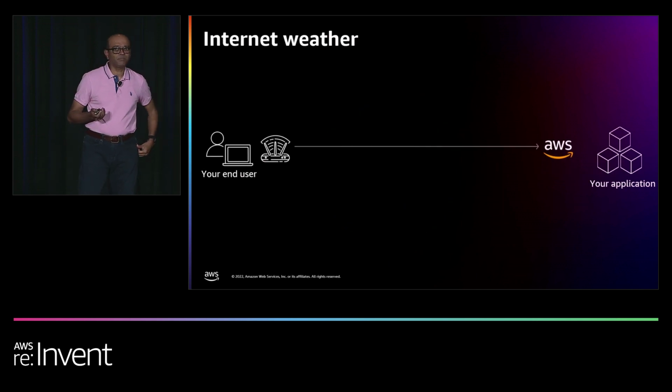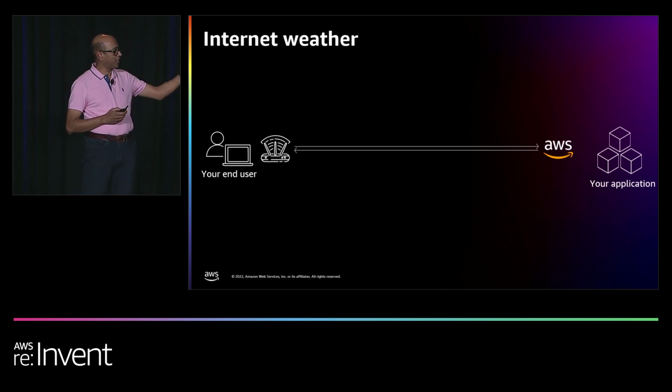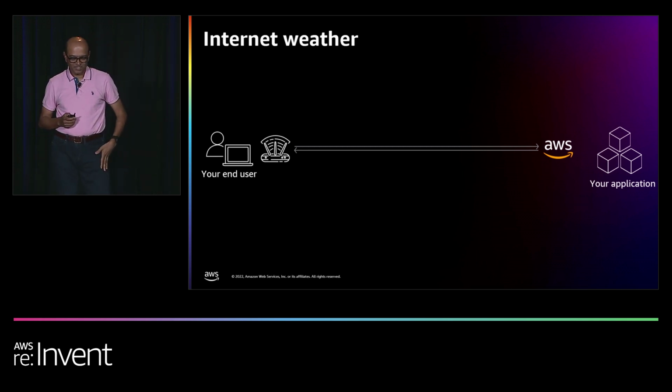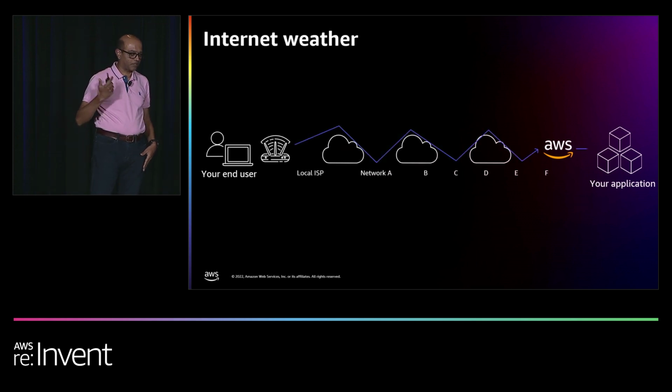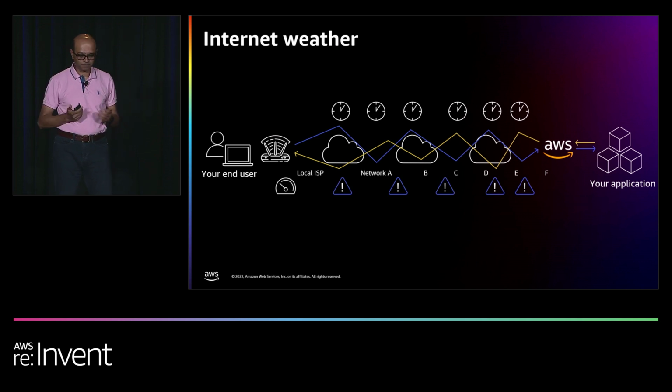So what does all this mean for you as an application owner and also for your end users? So accessing your application in AWS is not this simple: end user, internet, and your application in AWS, right? It can take many networks to reach your application. The paths to and fro from your application may not be the same.